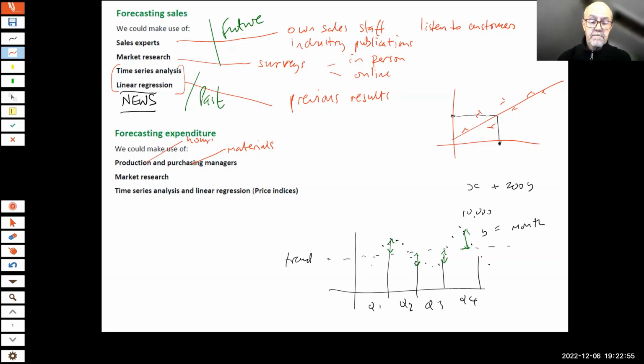And of course, most likely also linked in with the news, HR will tell us what our wage rates are likely to be. Market research for expenditure. This kind of links in, I would suggest, with the news.